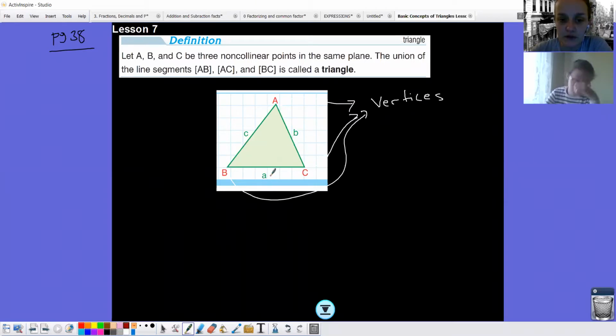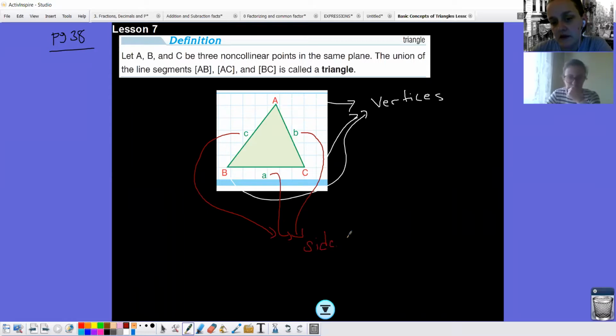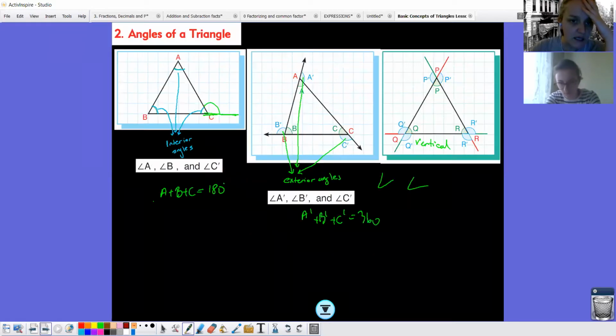Here, let me show like this. These are the sides. So if we have three non-collinear points, the union of the line segments formed by the points is called a triangle. We know it, we don't have to write it.